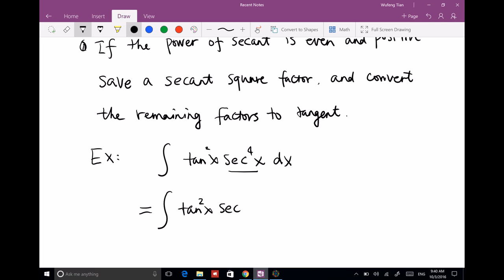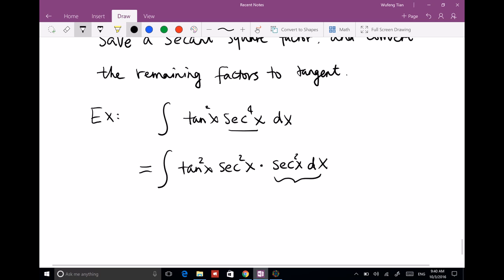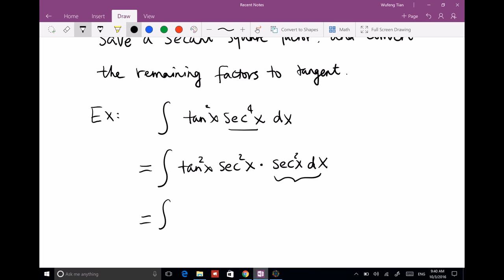So secant x squared, another secant x squared, and dx. From here, I should combine these two as d of tangent x. I have no problem changing this into u and d of tangent x. But what about this part? Can you tell me?